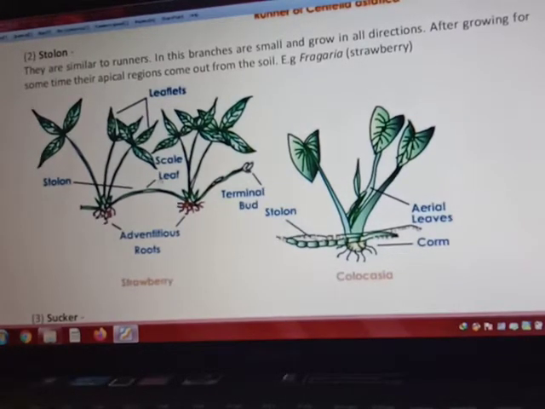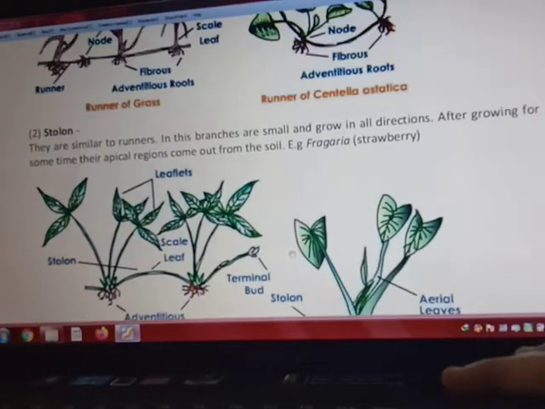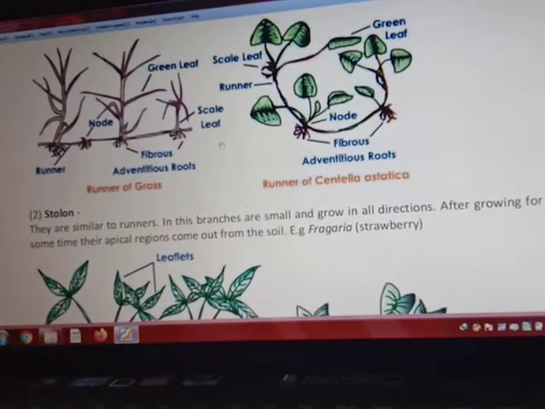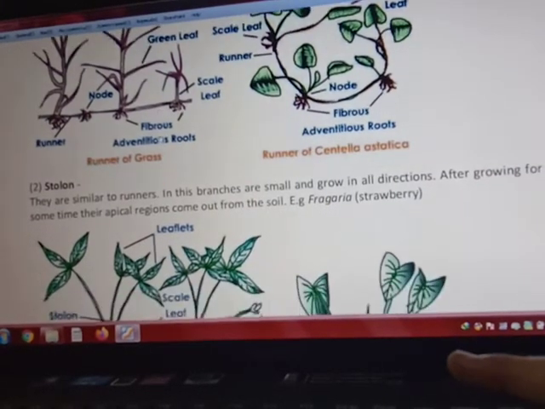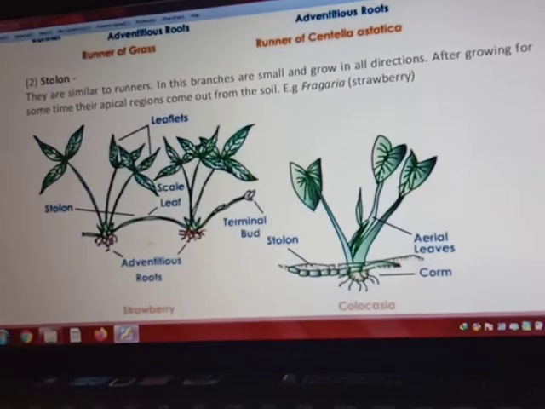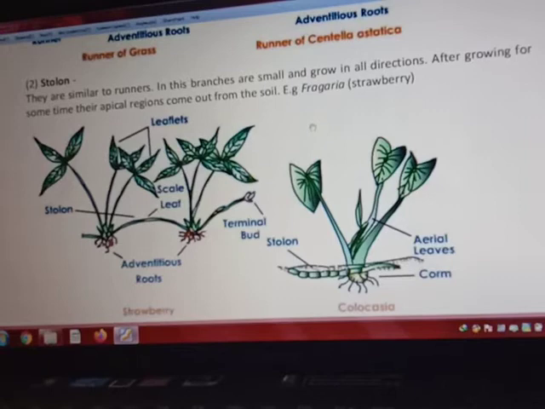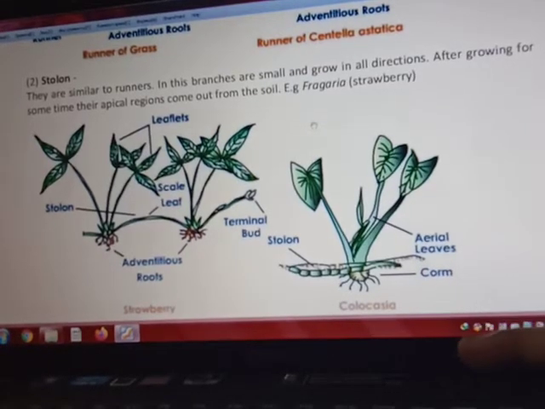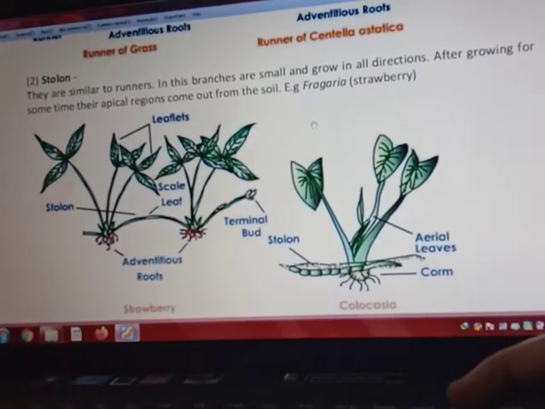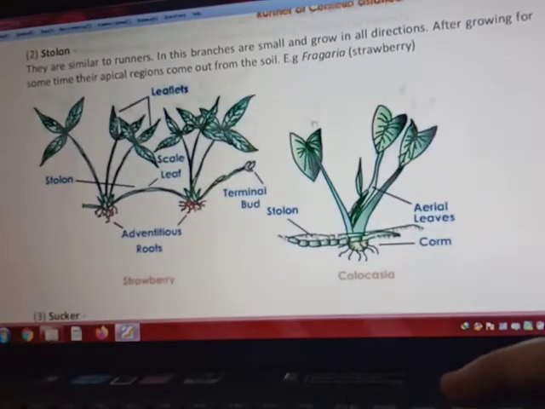On the above side also they can grow, on the low side they also can grow. And the runner only grows above the soil, on the above side. But the stolon can grow above and also on the low side. So its branches are small and can grow in all directions. For example, the strawberry plant, and its scientific name is Fragaria.